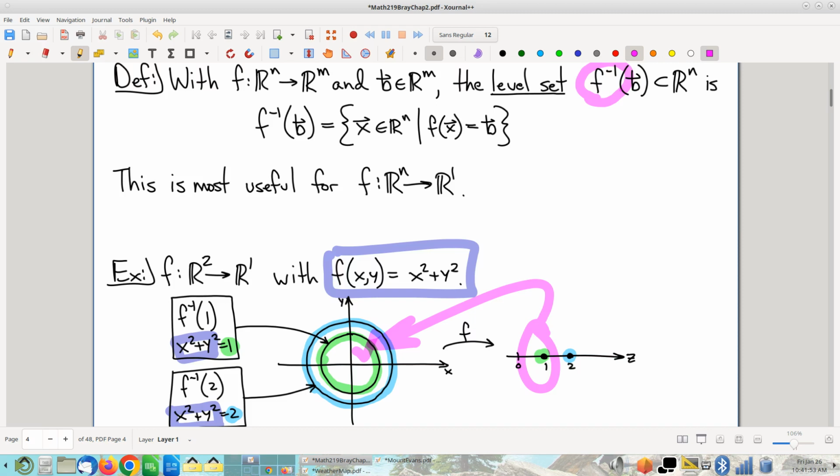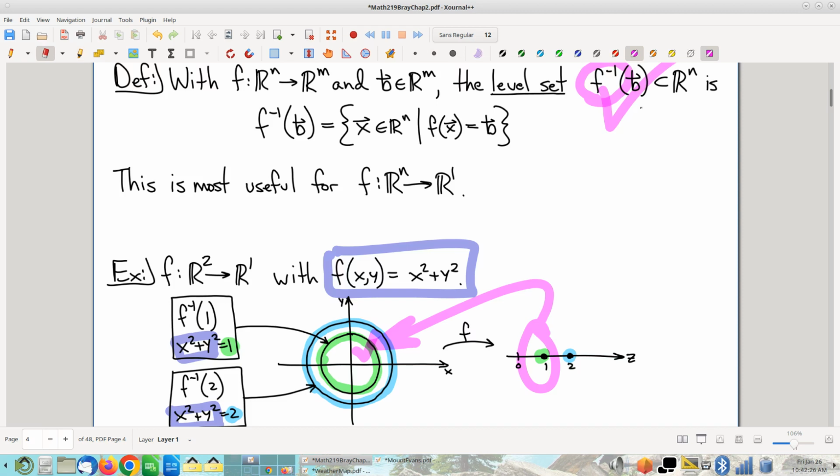It makes it look like F inverse is a function. Functions can only have one output. What I've drawn here clearly is a bunch of points. So abusive notation. This is not really a function, but it's awful handy to represent the activity of looking at output values like B and being interested in the corresponding input values that produce that given output value. So that's this notation here for level sets.